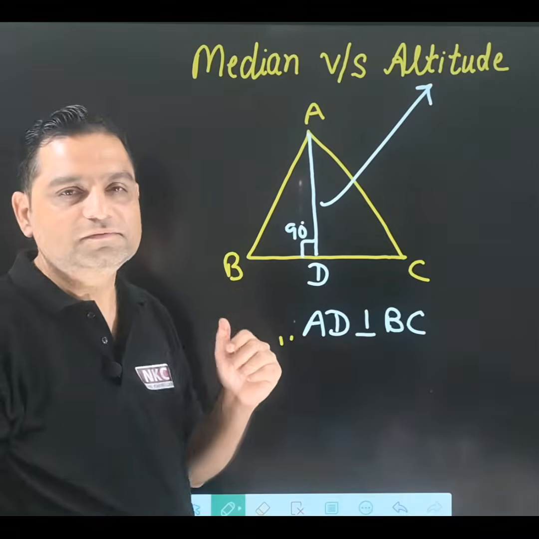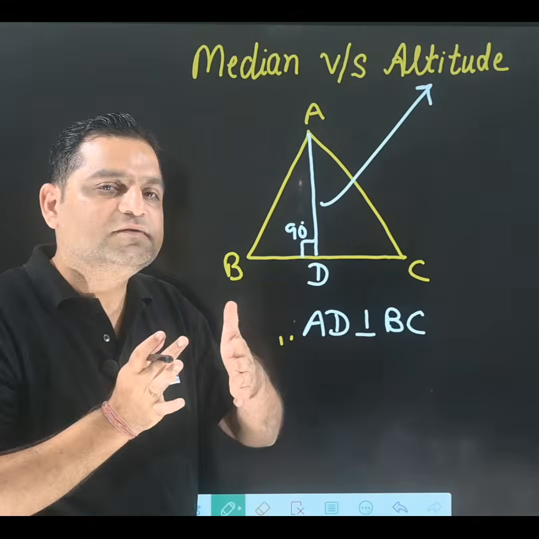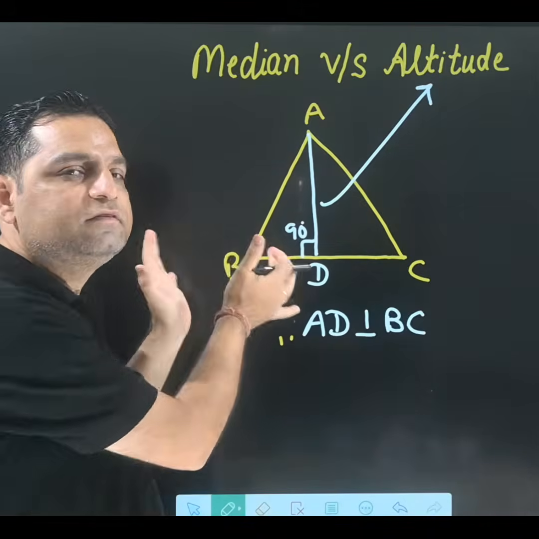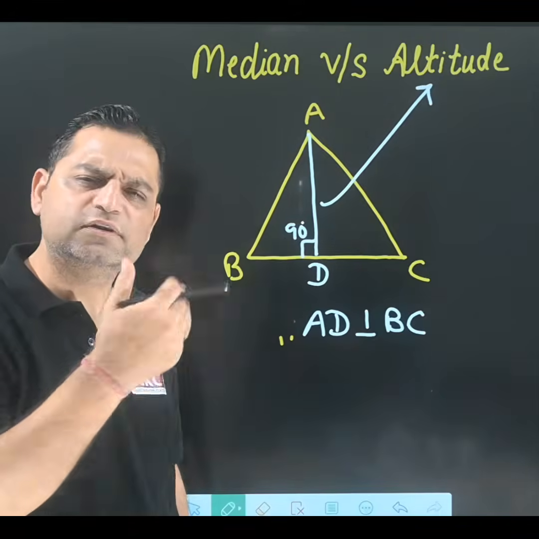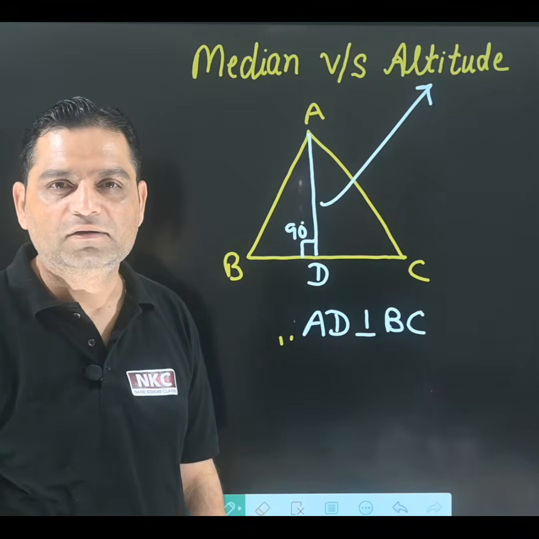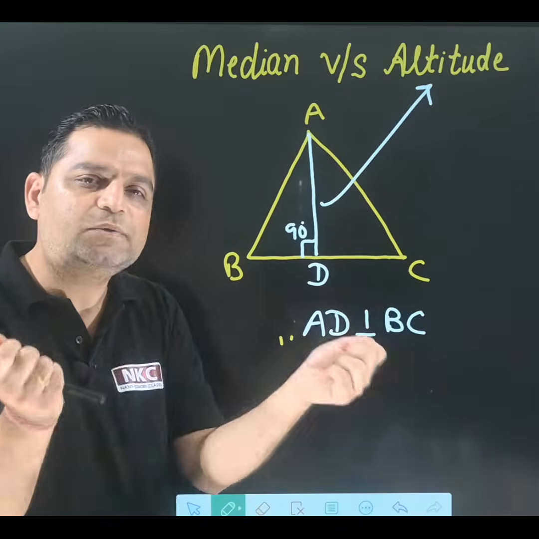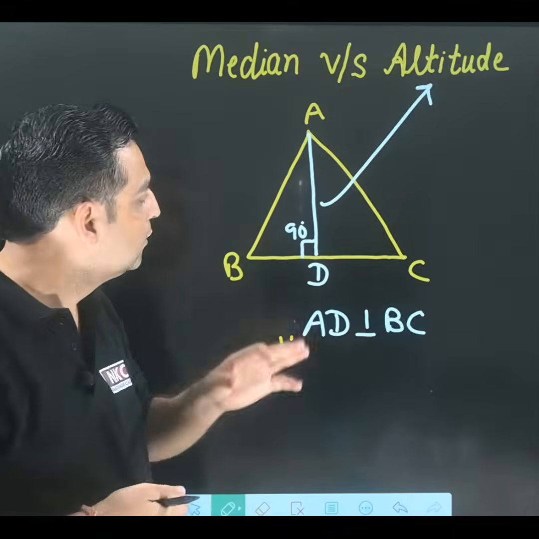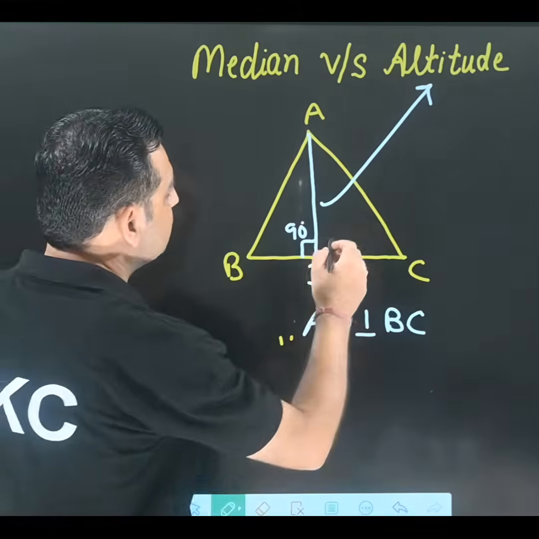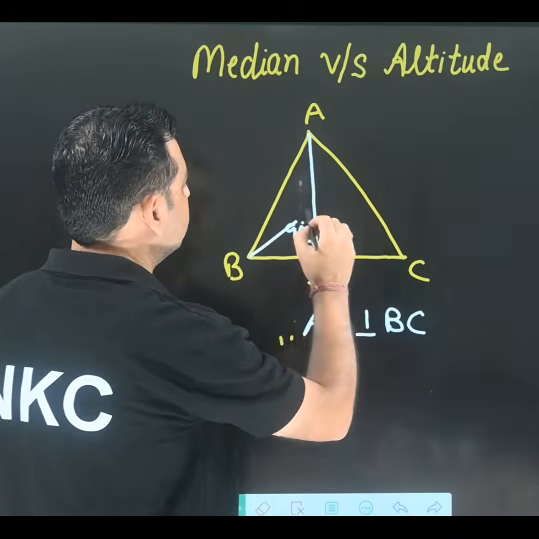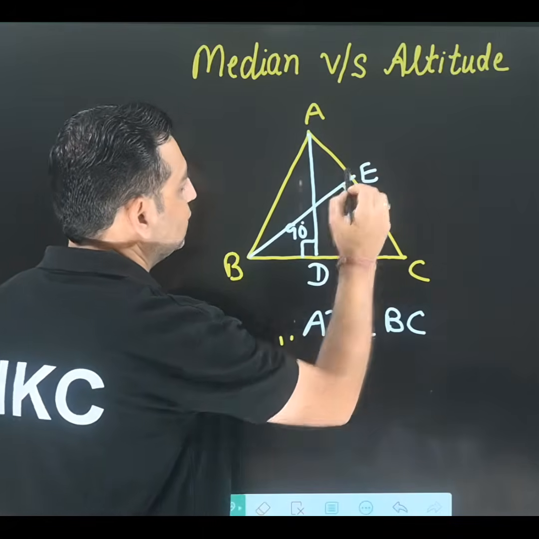Now the problem, why confusion happens, is that it seems like D is also the midpoint in this type of triangle, and usually students get confused. We will draw another triangle, looking at which you will be clearly able to understand the difference between them. But as of now, let me tell you that you can plot three altitudes as well. Like from point B, a perpendicular can be drawn.